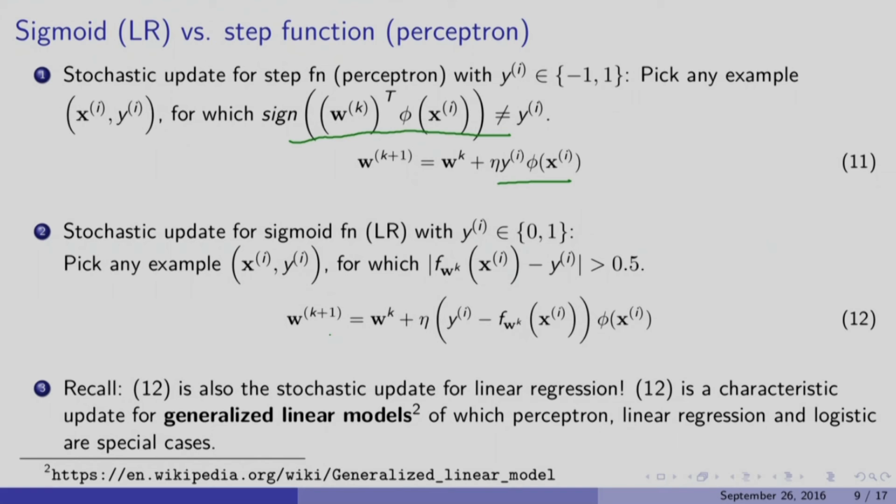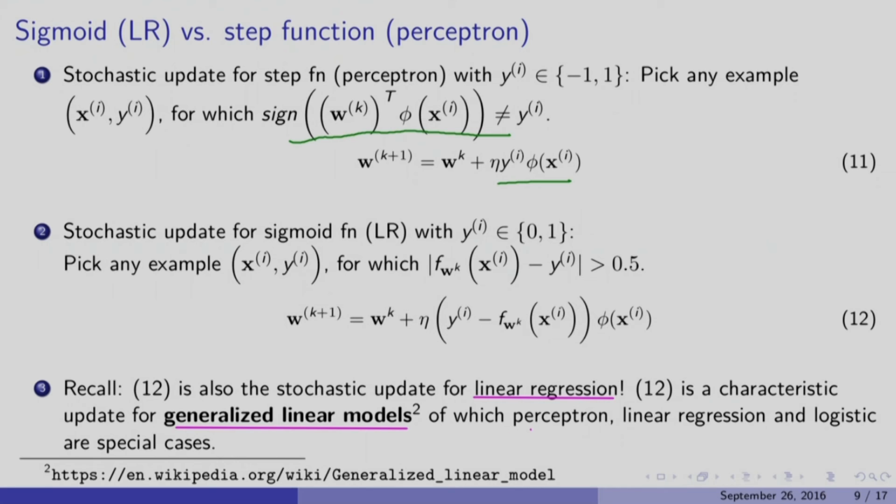In fact, this update for logistic regression is very similar to that for linear regression, which we have seen earlier. It turns out that there is a whole class of models called generalized linear models for which the update rules are very similar to that for linear regression, or as we saw now, logistic regression.